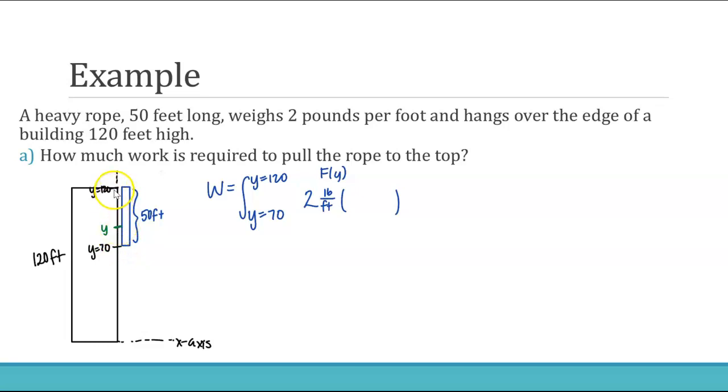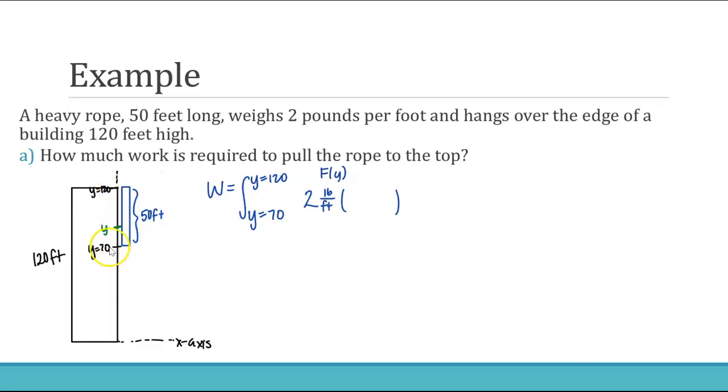So now there's 40 feet of rope remaining, and 40 times 2 pounds per foot would mean that I have 80 pounds of force being exerted at that moment, when y equals 80.